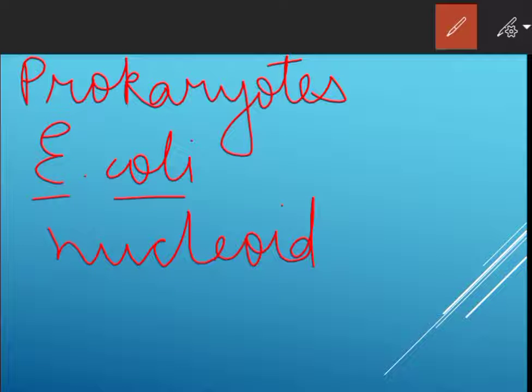The DNA in the nucleoid is organized in large loops held by proteins.